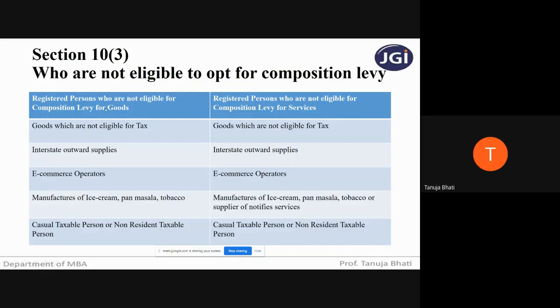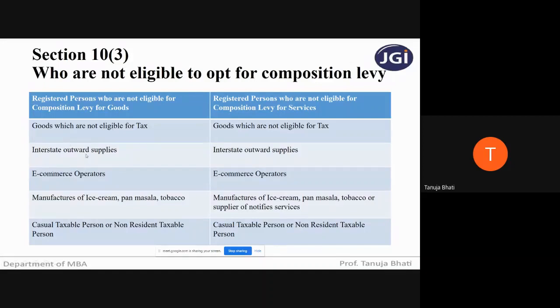Let us see in case of goods first. Goods which are not eligible for tax. Any supplier, students, who is engaged in making any supply of goods which are not leviable to tax, which are not chargeable to tax at all, cannot register for the composition levy. Is this clear?